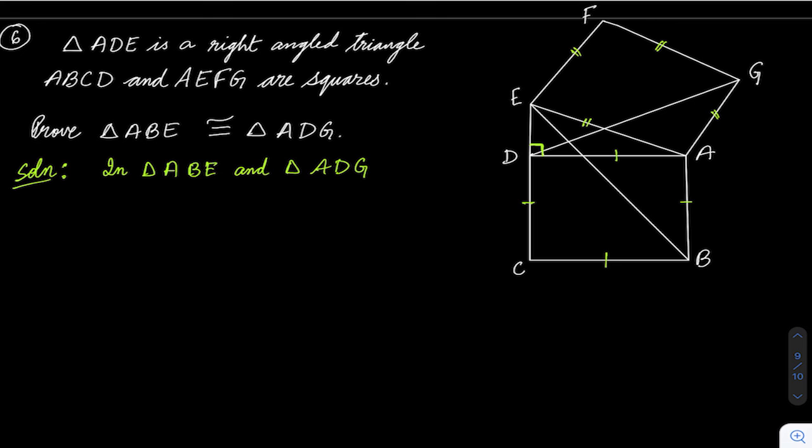Okay, so in triangle ABE, I can see this AB side and in triangle ADG, I can see this AD side. So, the first condition that we got is AB is equal to AD. Okay, very good. So, one side is equal.